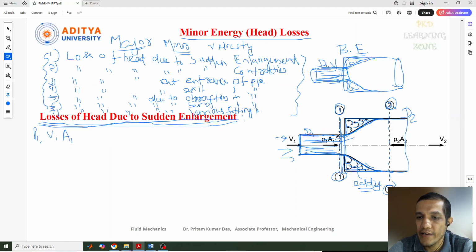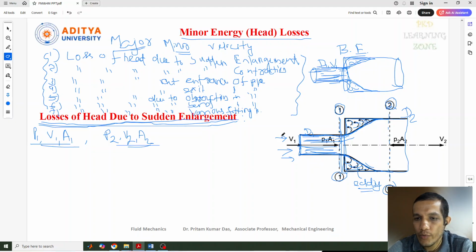Due to the sudden enlargement of the pipe, at section 2 we consider P2, the pressure intensity at section 2, V2, the velocity at this point, and the changed area of the pipe.